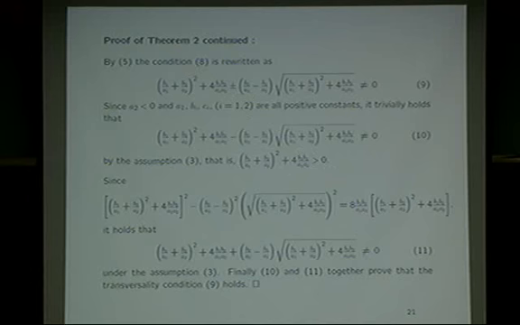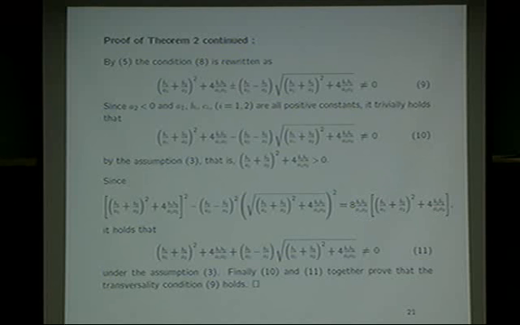We just need to check the plus part, that it's not zero using this condition. That's easily checked if you take the square of the two terms and the square of the third term and subtract it from the first term squared. Then if you do some computations, we obtain this one.